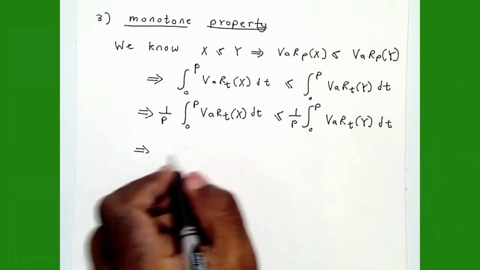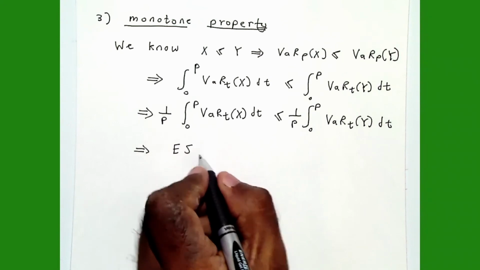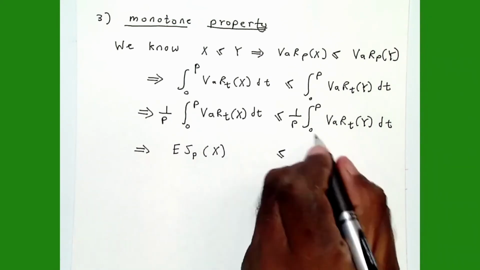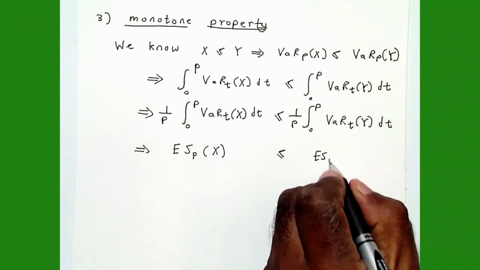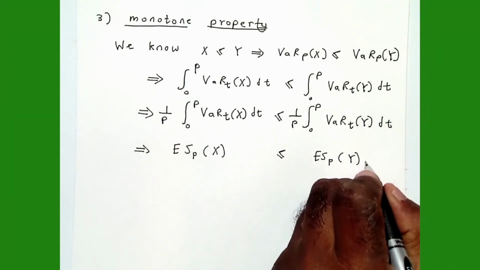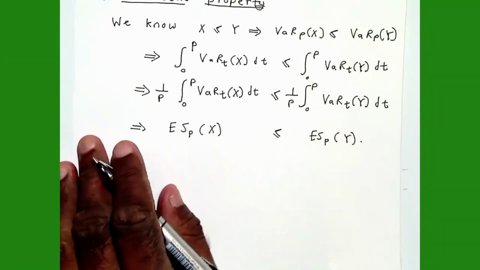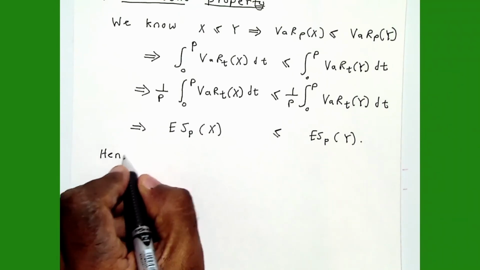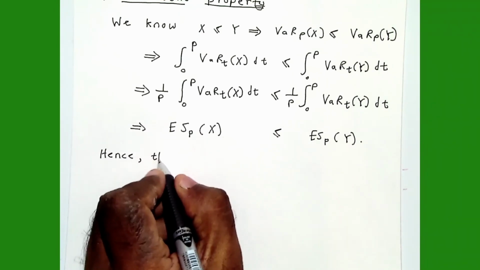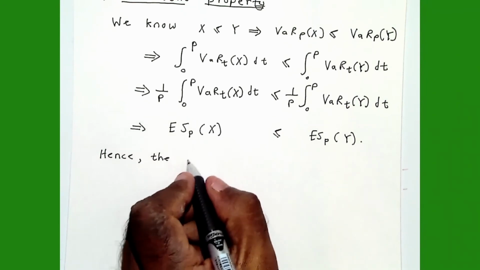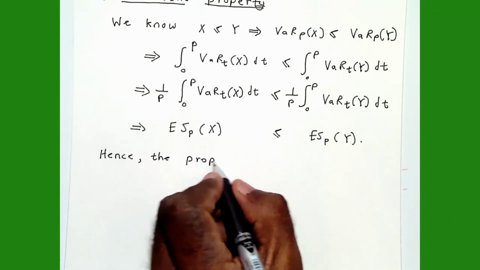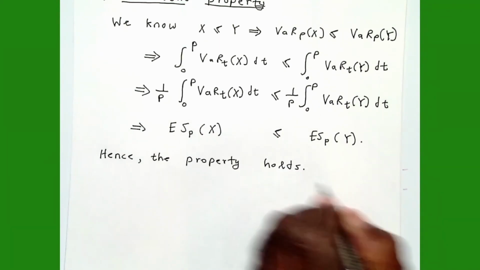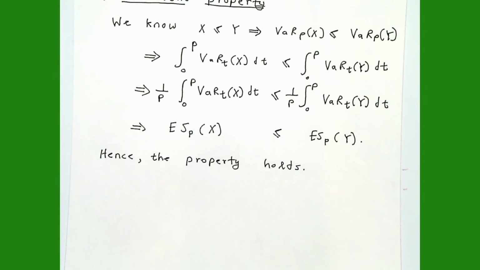Now what you have on the left hand side is precisely the expected shortfall of x, and what you have here is the expected shortfall of y. So hence we have proved that the monotonic property holds. Right, that's number 3.